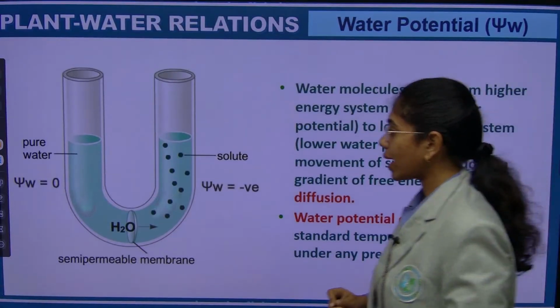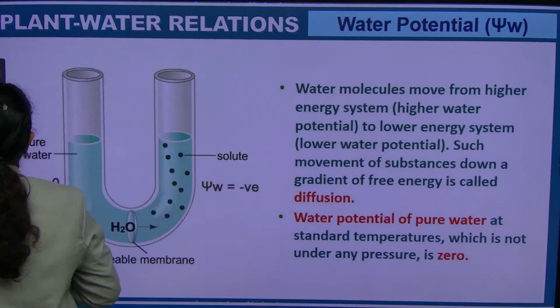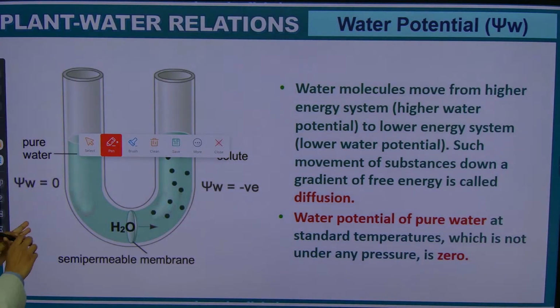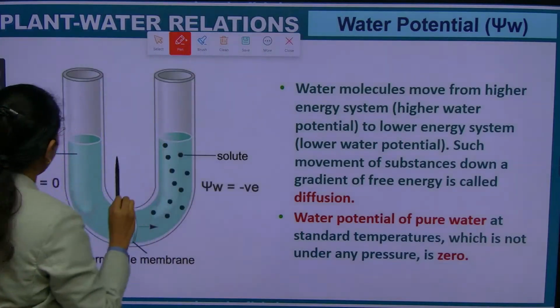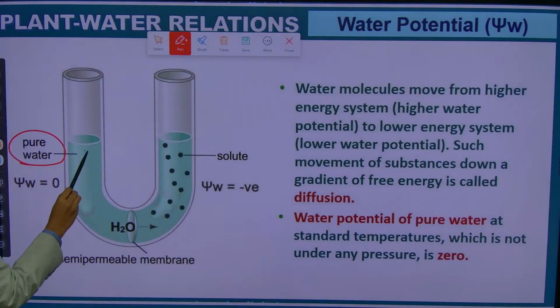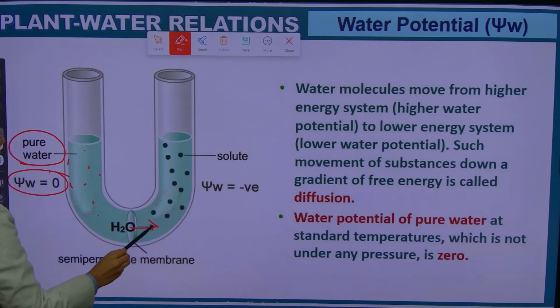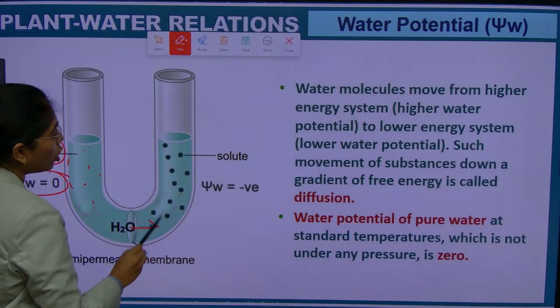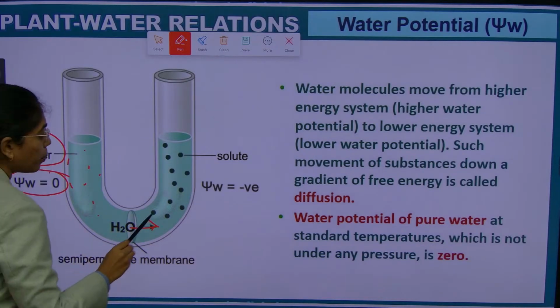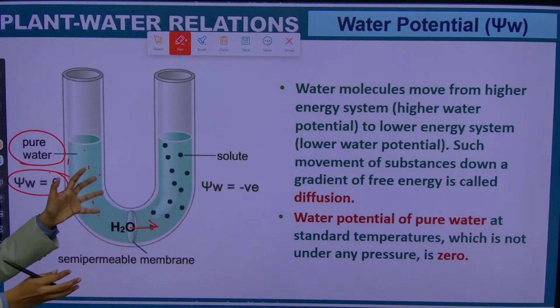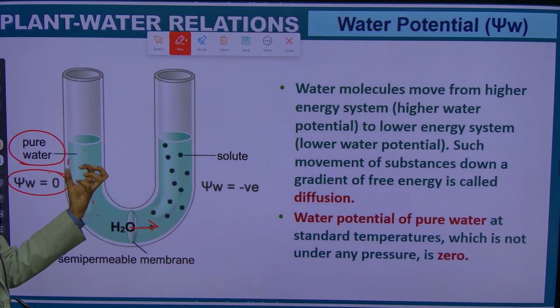See, look at here. Water potential of pure water will always be 0 at standard temperature and pressure. Here, as solute particles are present, water potential, that is the free movement or kinetic energy of water, will be decreased.